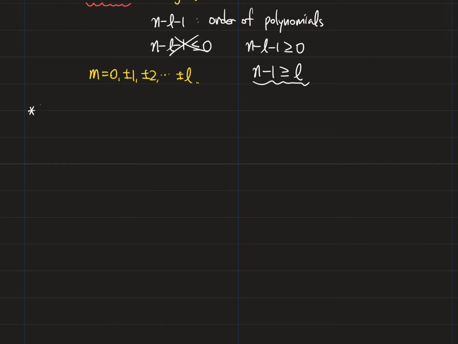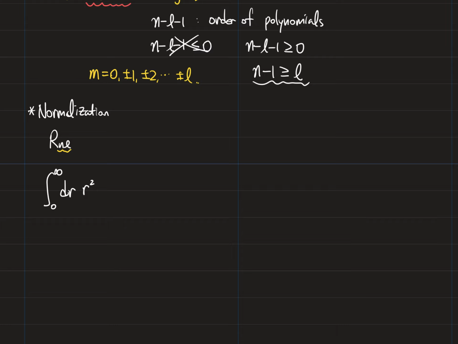And I want to mention the normalization condition. So R_nl: we put two indices n and l on the radial function because these are the two quantum numbers required to specify the radial function. If you want to check the normalization condition for the radial function, you have to integrate from 0 to infinity dr, and we need to introduce r squared because we are using spherical coordinates.